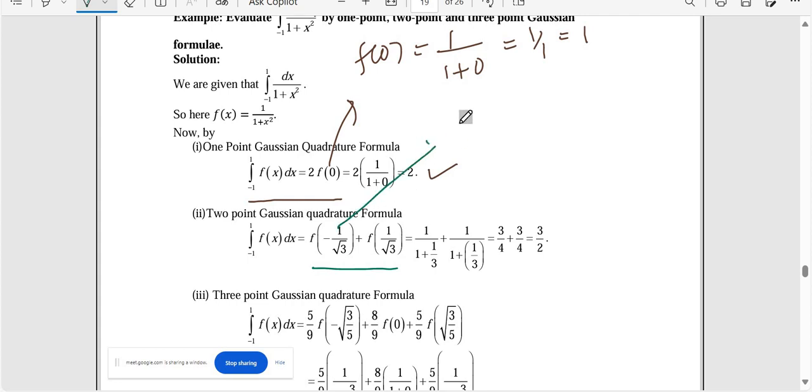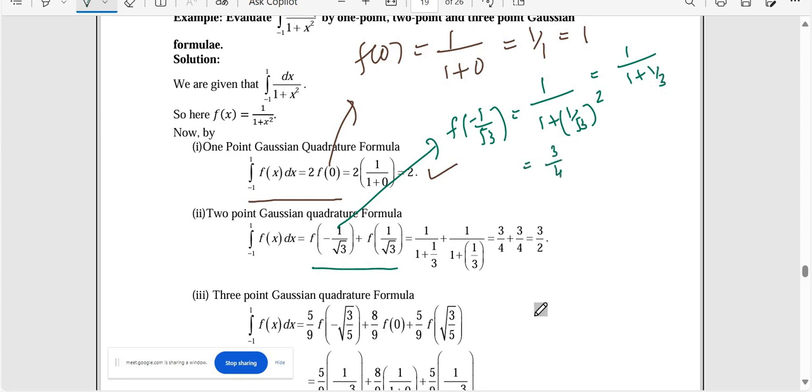So if I find f of minus 1 by root 3, how will we calculate it? So 1 upon 1 plus 1 by root 3 whole square. So 1 upon 1 plus 1 by 3. So find this. This will give you 3 by 4. Yes or no?